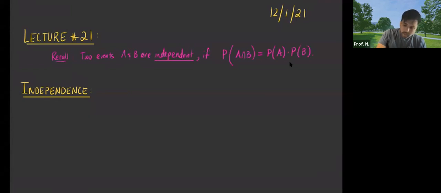So what kind of relationship is there now when we speak about independence with two random variables?